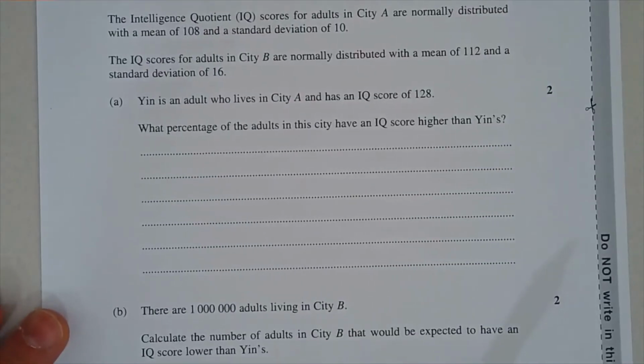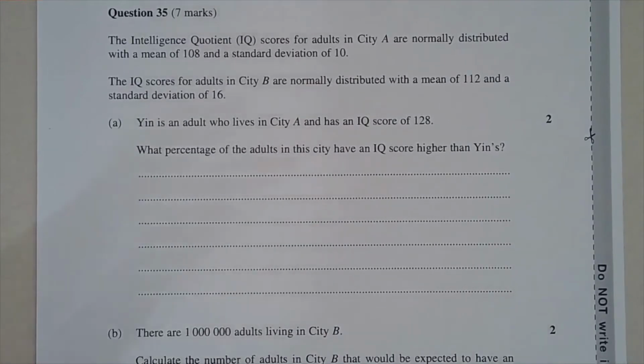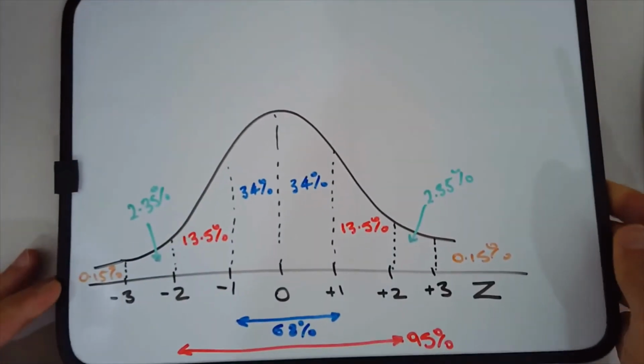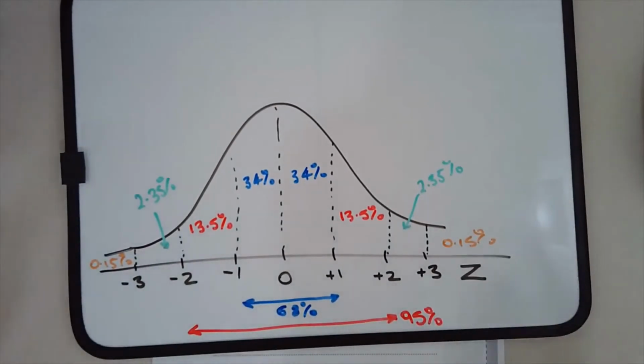All right, so let's go back to the beginning. Part A. Now, this is to do with the normal distribution. So this is the bell curve. You can use your formula sheet, obviously, it's got the empirical rule. I've just hand drawn it here, so I'll be referring to this.